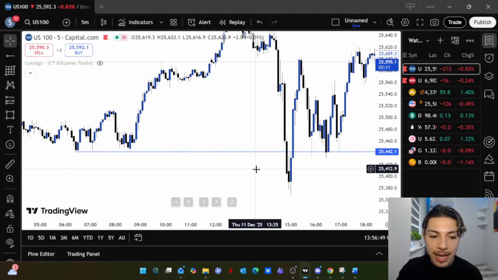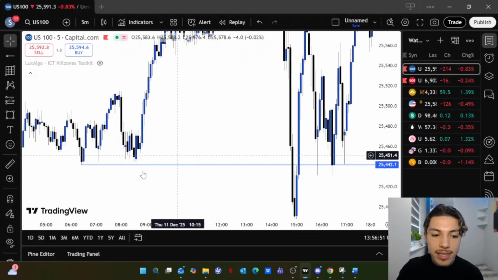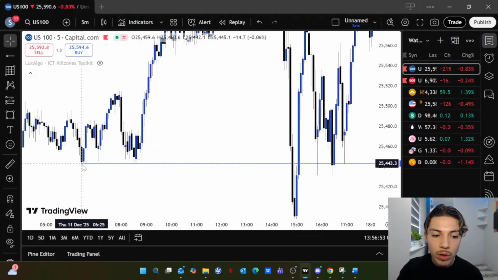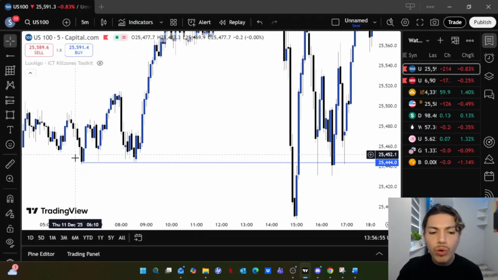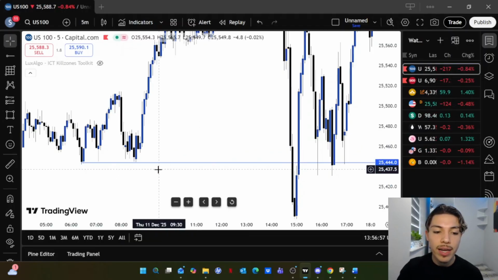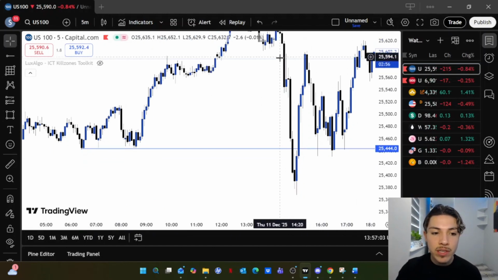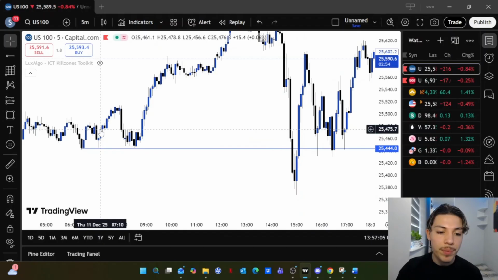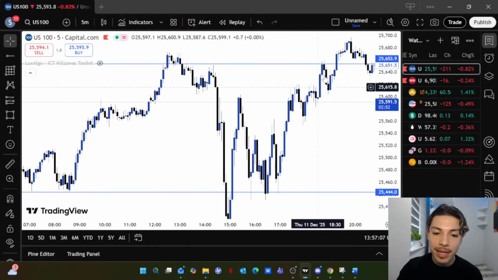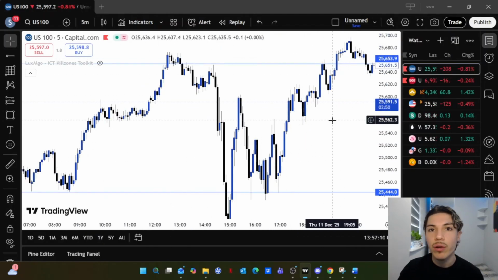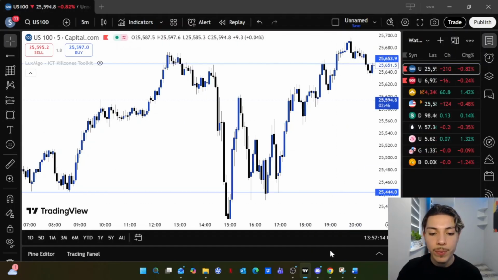It's not at the exact same point. However, this is a relatively equal low because these are lows that are all quite close together. So this right here for me would be a strong area, which could potentially indicate a reversal if price heads to there. And that's why yesterday when price came down and we took out these lows, I actually managed to catch some really nice buys here because I knew that we had now swept a strong draw on liquidity.